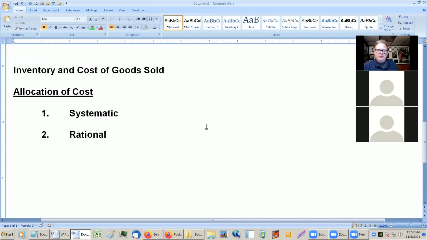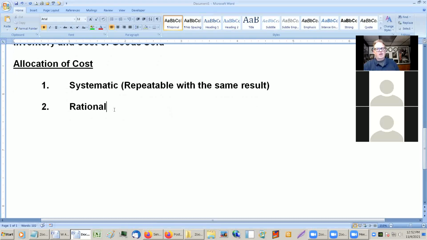Systematic means it's repeatable with the same results. So if I do LIFO and you do LIFO, we should get the same numbers. And rational just means that it makes sense.